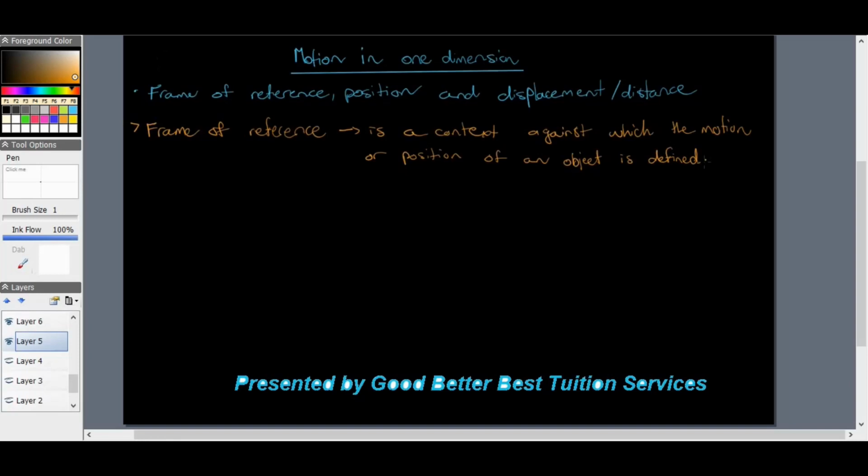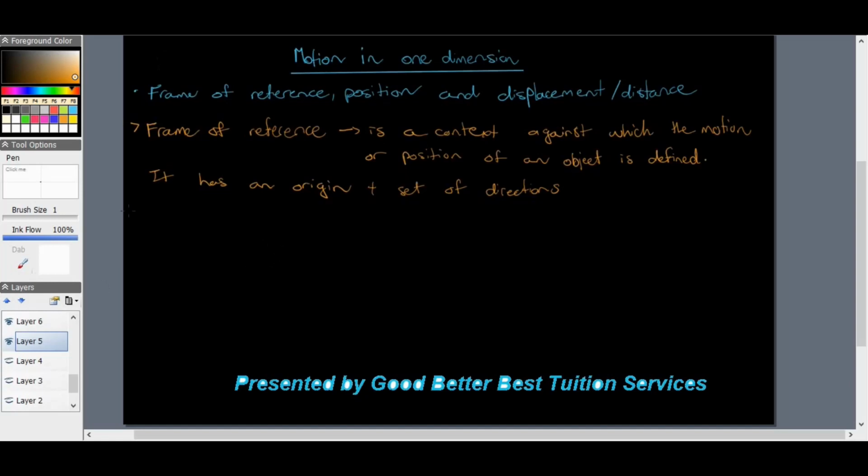With a frame of reference, it has an origin, a starting point, as well as a set of directions, which are usually represented by the x and y axes. That is frame of reference.